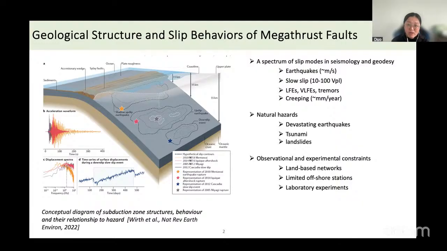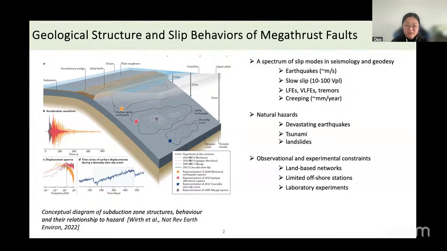It's quite important because subduction deformation also leads, besides earthquakes, to tsunami and landslides. So it's quite important to understand what the favoring conditions for earthquakes are and what we can learn to mitigate the hazard.